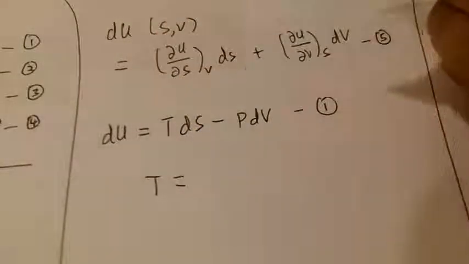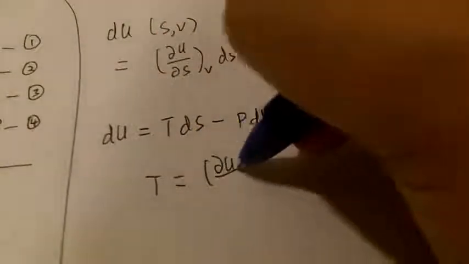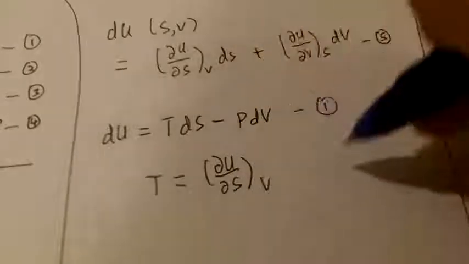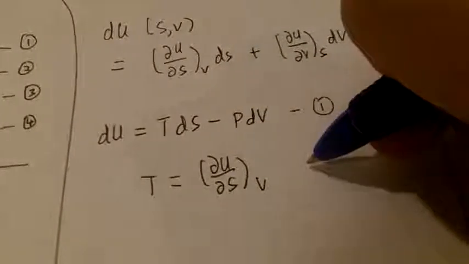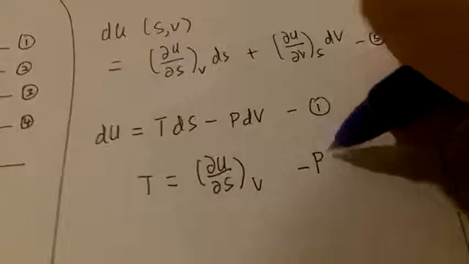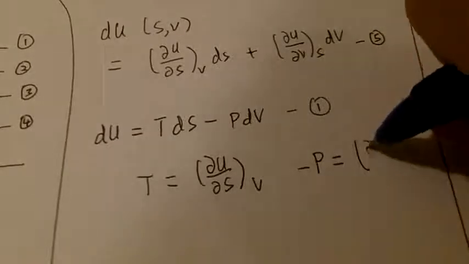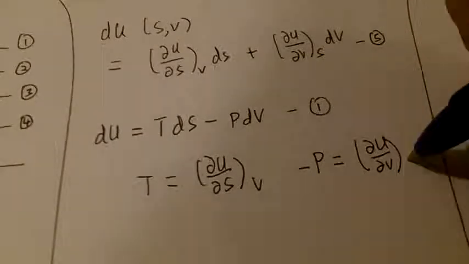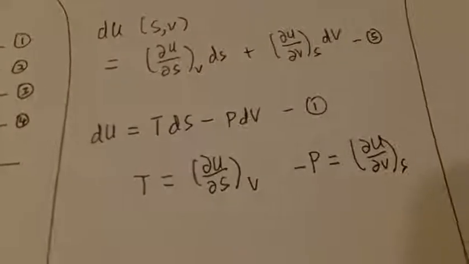What you can see is T equals del U del S at constant V, and negative P equals del U del V at constant S.